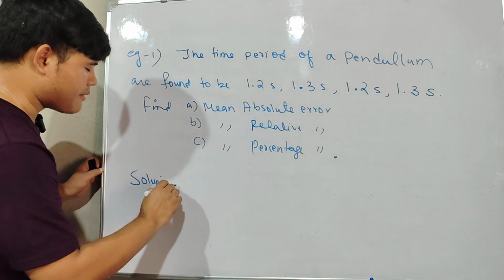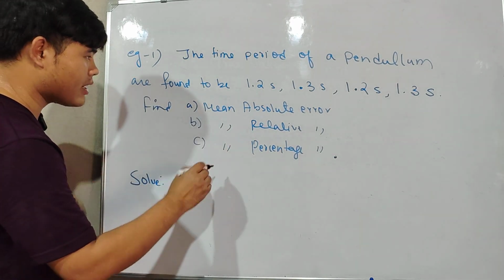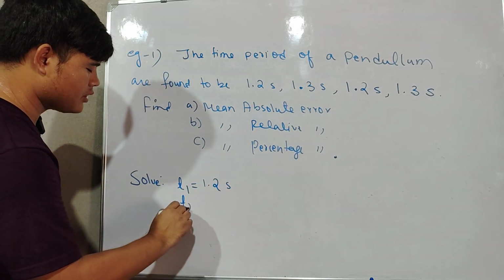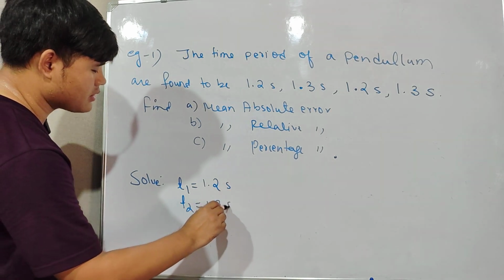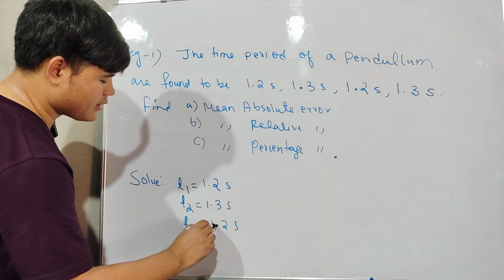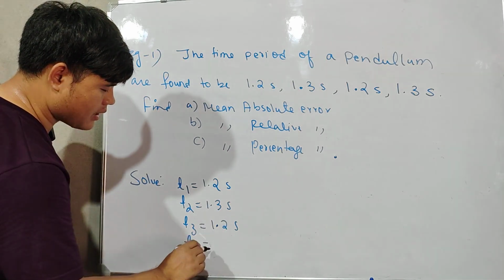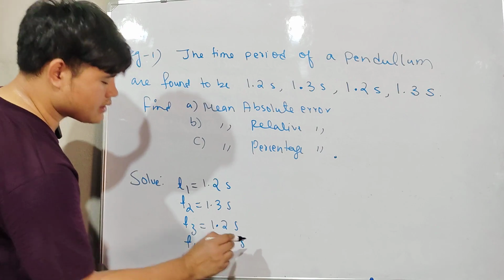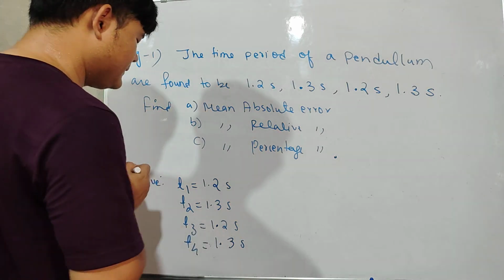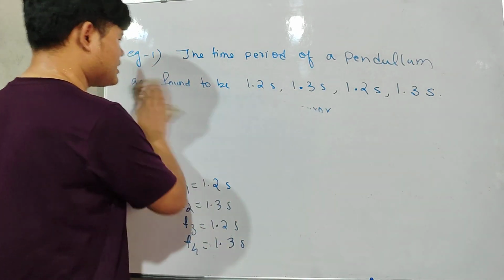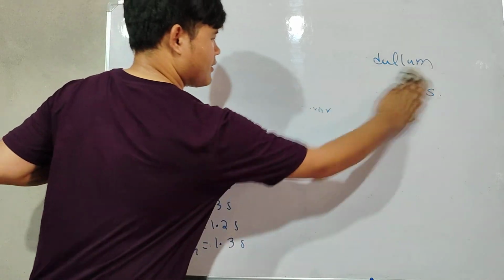Let us denote the times with t1. t1 is 1.2 seconds, t2 is 1.3 seconds, t3 is 1.2 seconds, and t4 is 1.3 seconds. So these are our values. Now we have to find the mean absolute error, relative error, and percentage error.